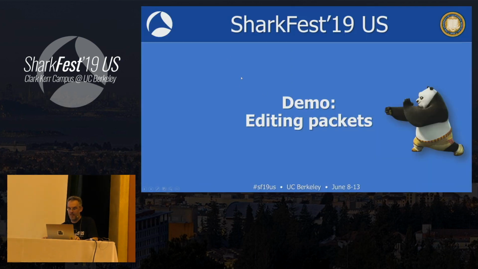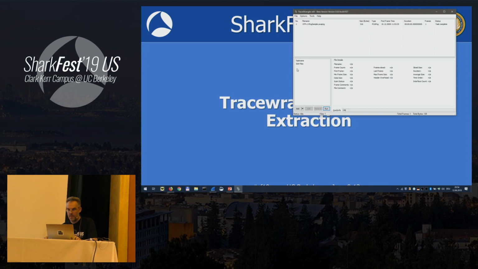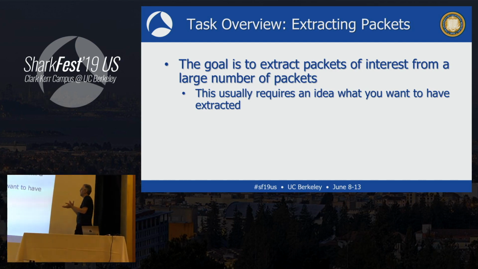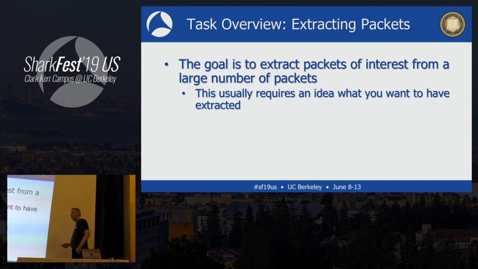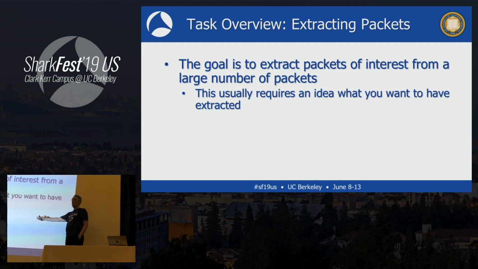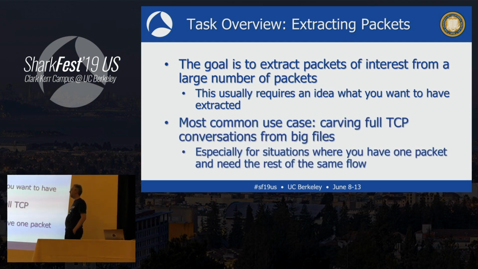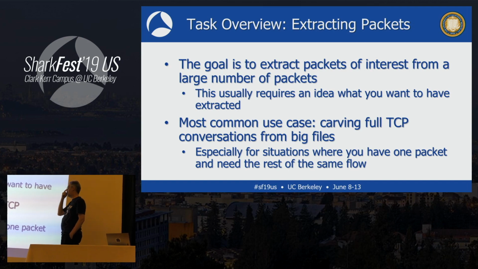So the next thing is, and that is much more interesting probably, is extracting stuff. Extracting stuff works in a way that you can pull certain packets out of a large number of packets. And usually that requires an idea what you want to extract from a larger trace file, right? The most common case that I encounter is I want to carve TCP conversations from big files.